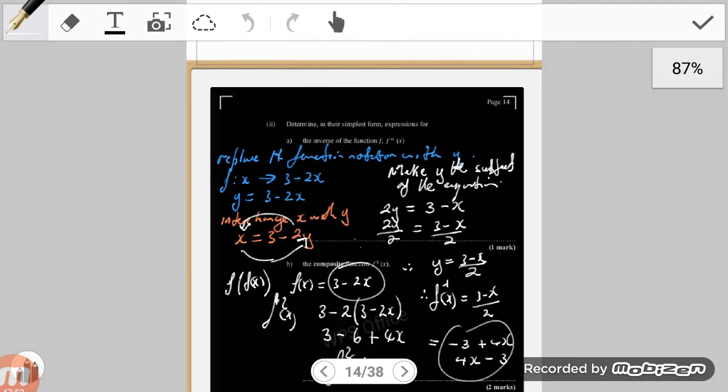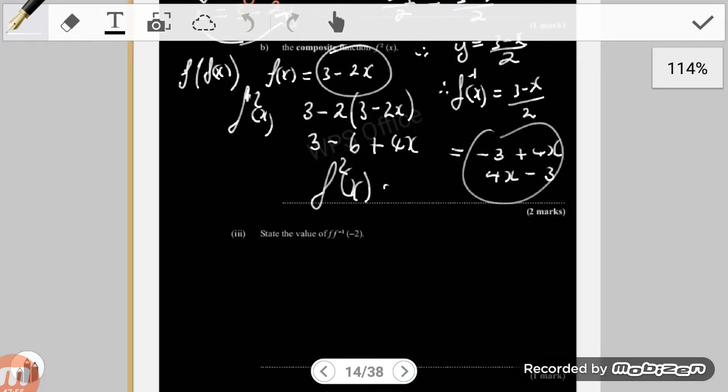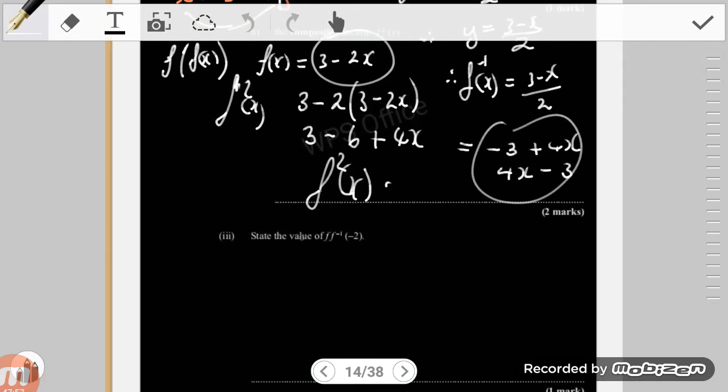Oh, there's a question at the bottom here. So we have to state the value of f of f inverse of minus 2. So this is telling me here that I should basically take the value minus 2, which is representing the variable x.